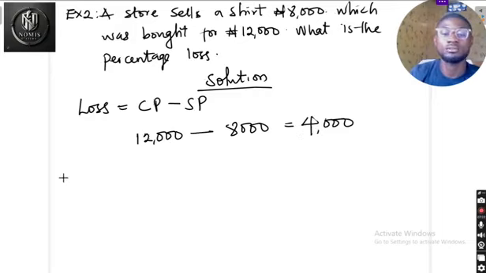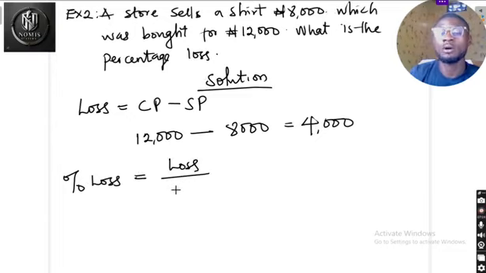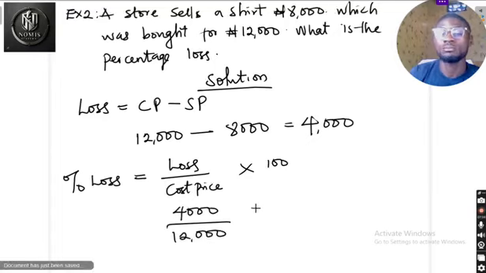But we need to calculate the loss percentage. So remember the formula: percentage loss is equal to loss all over cost price multiplied by 100. So the loss is 4,000 all over the cost price 12,000 multiplied by 100. So 0 cancels 0, 0 cancels 0, 0 cancels 0. So I'm left with 400 all over 12.